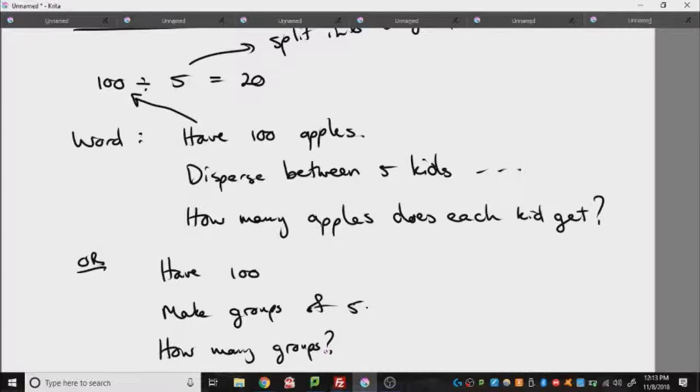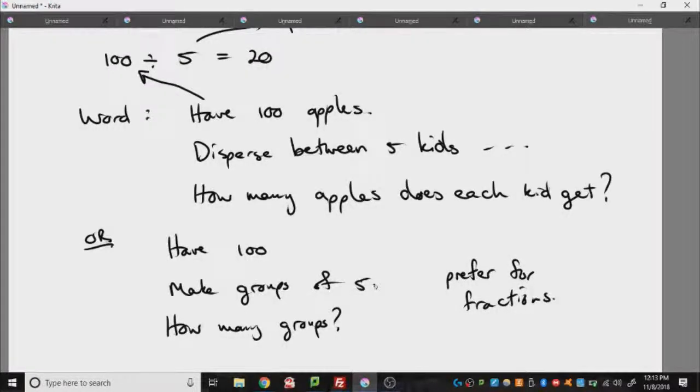Both of those are valid. It's just whichever one helps us the most. I think the second one helps me the most when it comes to fractions. It's not that the first one is wrong, but if I go intuitively, the second one feels a little more intuitive to me.